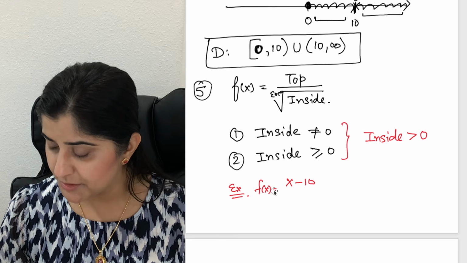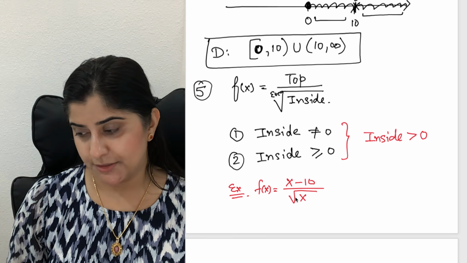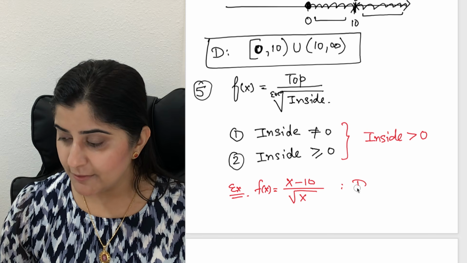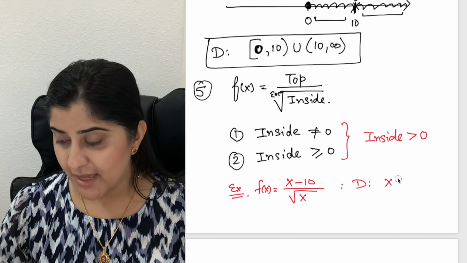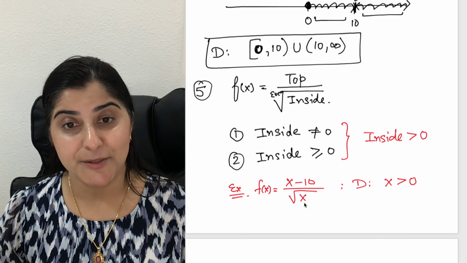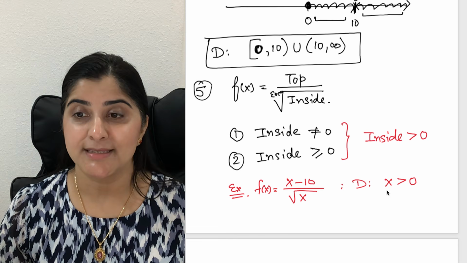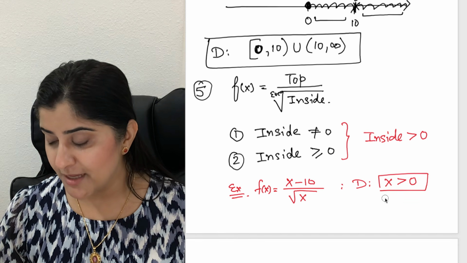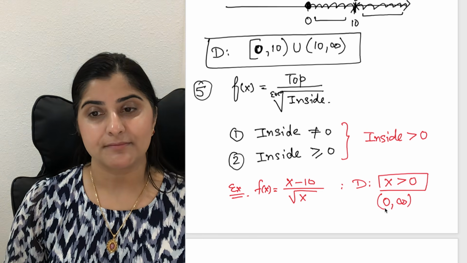Suppose this is a function and we are asked to find the domain of this function. So the domain of this function is that inside the root, x has to be strictly greater than 0, because it cannot be 0 since it is in the denominator, and it has to be positive because it is inside the root. So this is the domain, or you can say 0 to infinity, and 0 is not included.